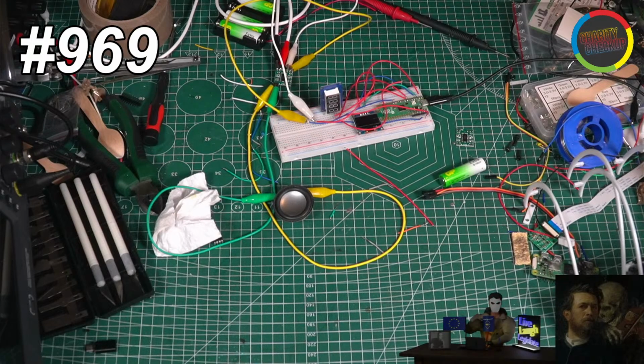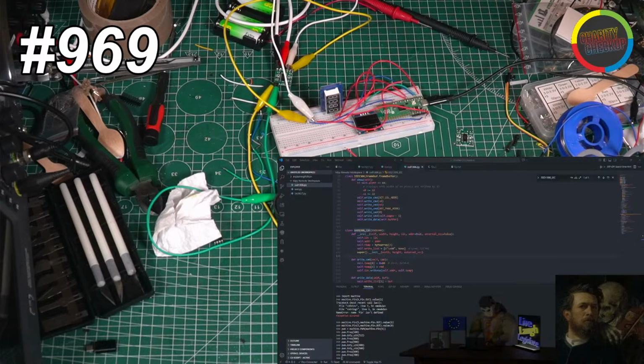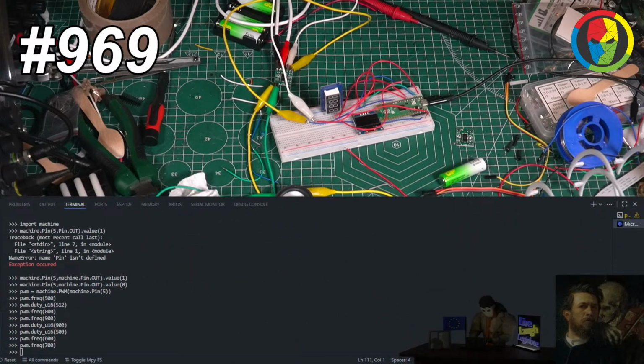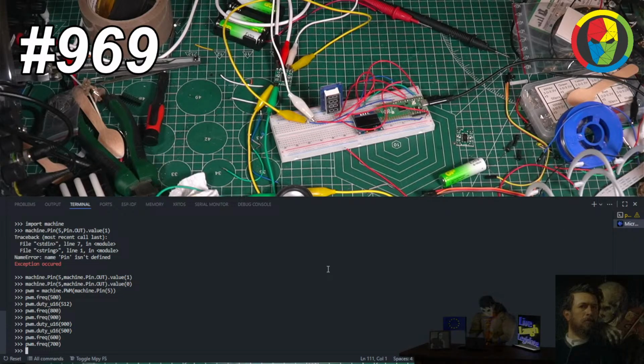And now all we should need is this. Oh, the frequency is still going. Well, that's convenient. So all I should need to do is just pop the power supply on. You can hear it! The mosquito! Oh, brilliant! There we go.